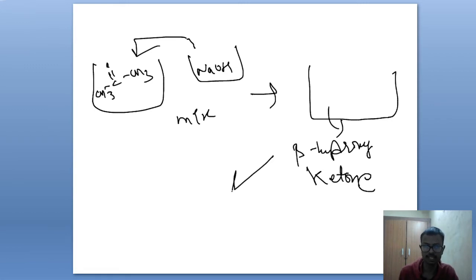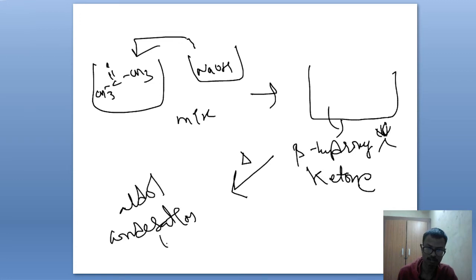And say if you heat this product, you take this flask and put it on a fire, increase the temperature, then after some time you will get a condensation product, that is the aldol condensation product.